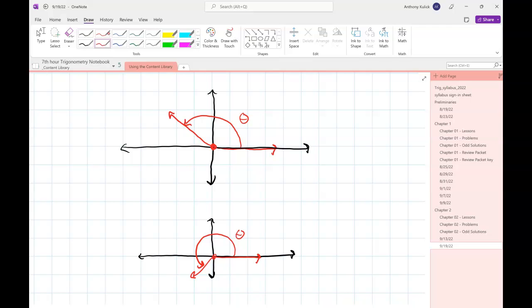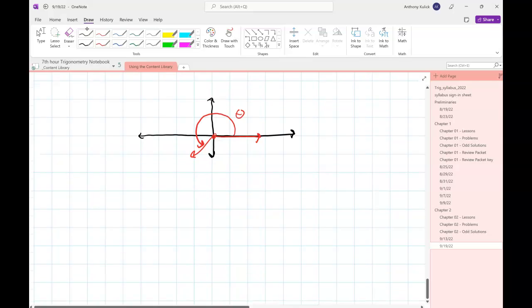So using this standard position angle method, what does it appear the biggest angle I can draw is? 360, right? What would a 360-degree angle look like in this method?